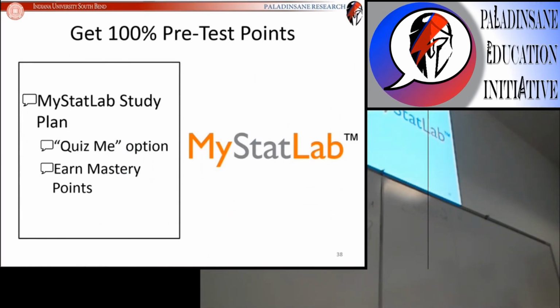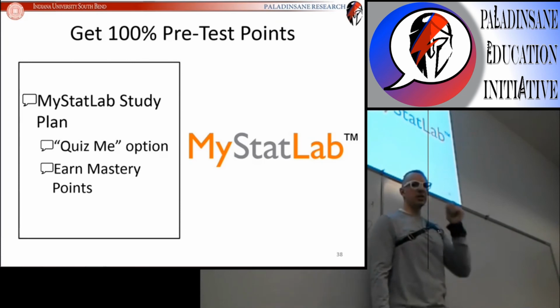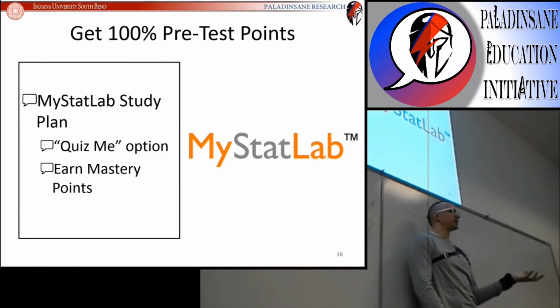First off, just make sure that you are aware of the MyStatLab study plan. It's the Quiz Me Points option. Make sure that as you're progressing through your study plan, you are earning mastery points. So the score that is going to be substituted for your pretest points is going to be your mastery points. So for example, I believe in chapter 1, there are 3 mastery points up for grabs.